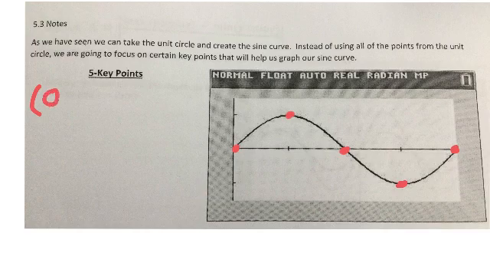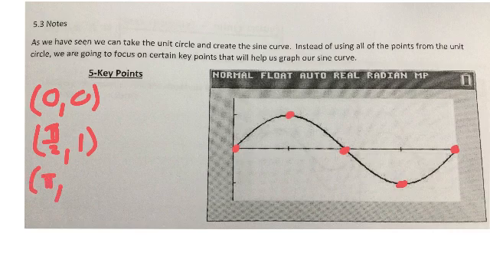So right here, 0, 0 is the first key point. The next one is at pi over 2. We reach the height of 1. Then when we get back to pi, we get back to 0. Then 3 pi over 2 gives us the low point of negative 1.